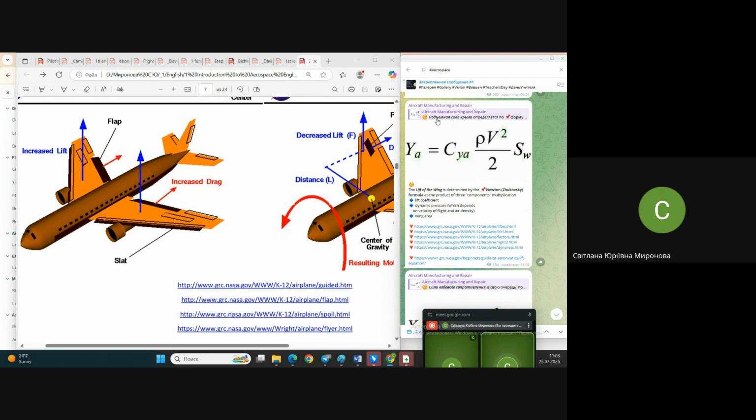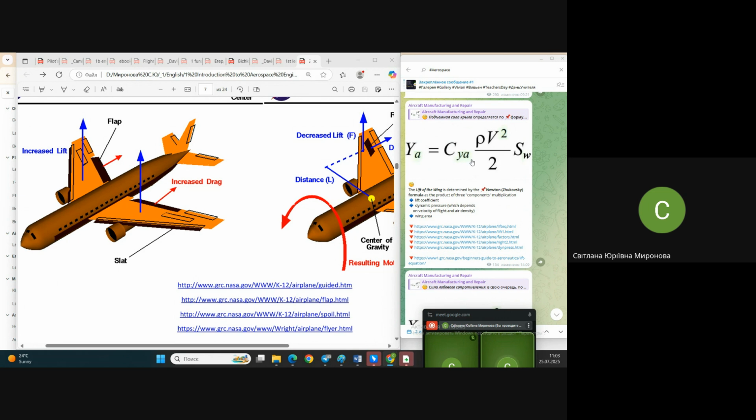These coefficients are necessary. They describe changing of properties only. Yes, they are dimensionless ratios. They are responsible for changing the lift. Lift is necessary during takeoff, sometimes more than for cruise flight, for horizontal stable flight.